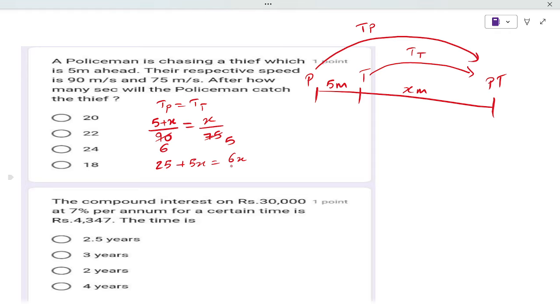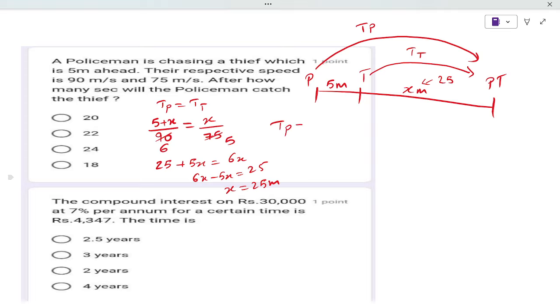So here this will give us 6x minus 5x is equal to 25, so x is equal to 25 meters. That means the thief has 25 meters. You can find the time from either one.